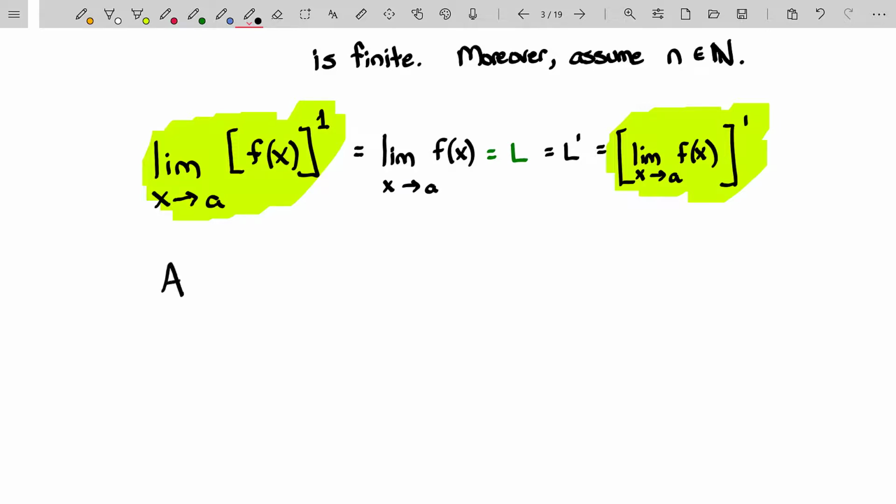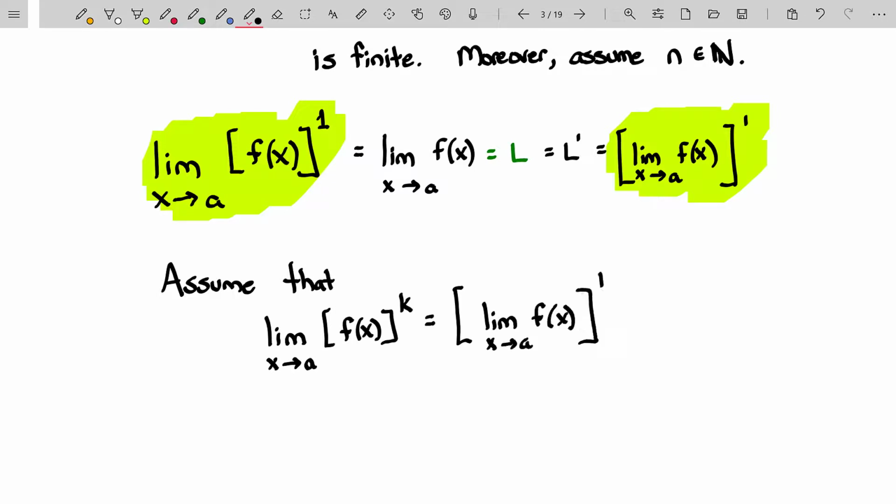All right, let's go ahead and assume that the claim is true for a natural number k. So assume the following. The limit as x approaches a of f of x to the kth power, where k is just some natural number, is equal to the kth power of the limit as x approaches a of f of x. We're going to make that assumption. This is the domino proof.